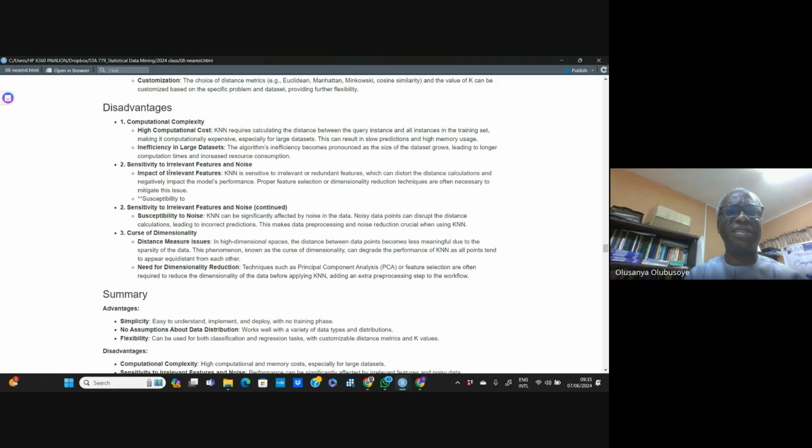Then it can be very sensitive, particularly if you have features or independent variables that are not even important in the data. So it can be sensitive to irrelevant features.